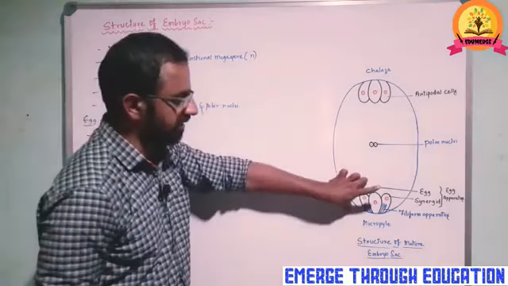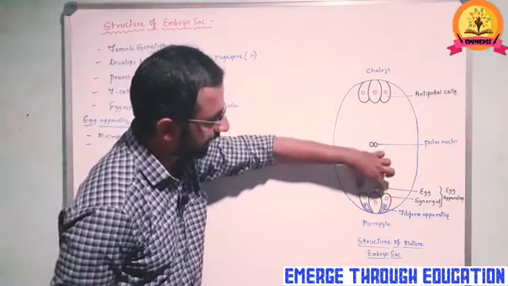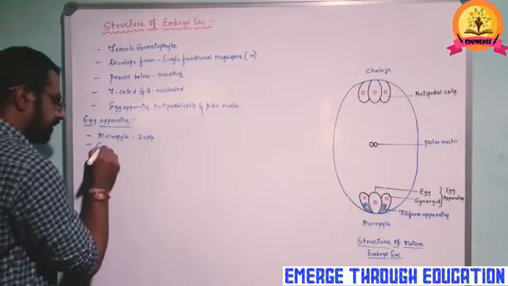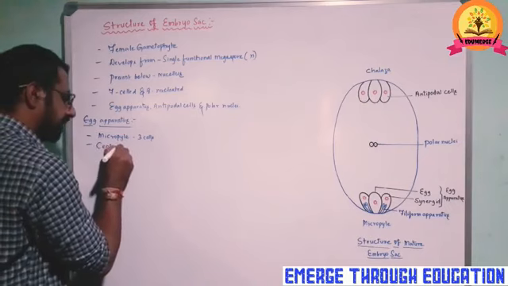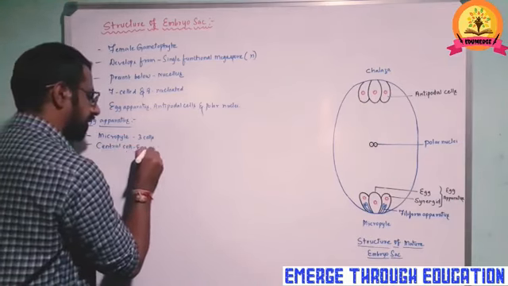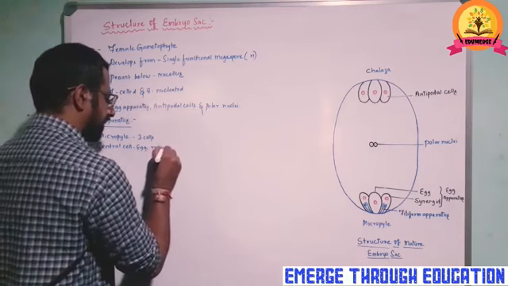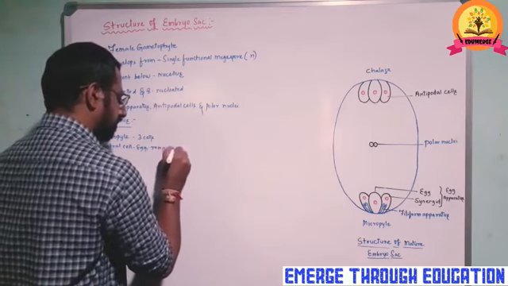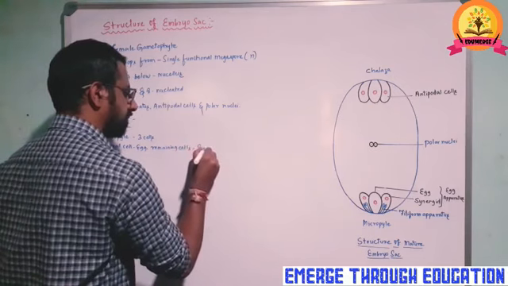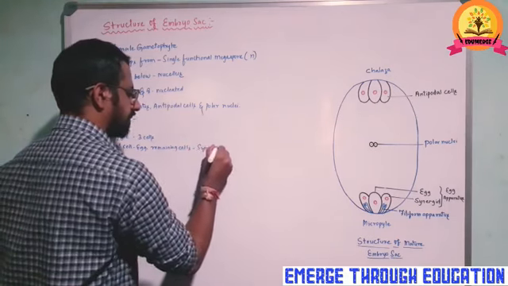Out of these cells, the central one is called egg and the other 2 cells are called synergids. Here, the central cell is the egg and the remaining cells are synergids.